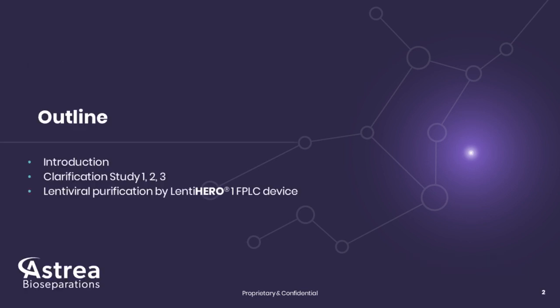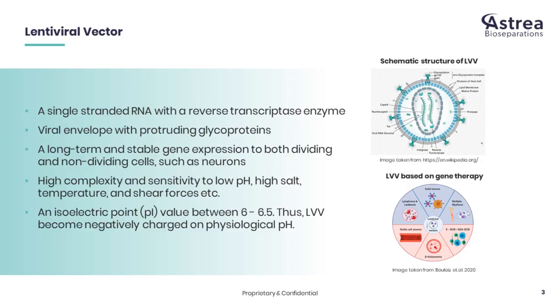This is the outline of the talk. I'll start off with an introduction of lentiviral vectors. A lentiviral vector contains a single-stranded RNA and is wrapped with an envelope with protruding glycoproteins. It delivers long-term and stable gene expression even to non-dividing cells such as neurons. These vectors manifest high complexity and sensitivity to low pH, high salt, temperature, shear forces, and so on.